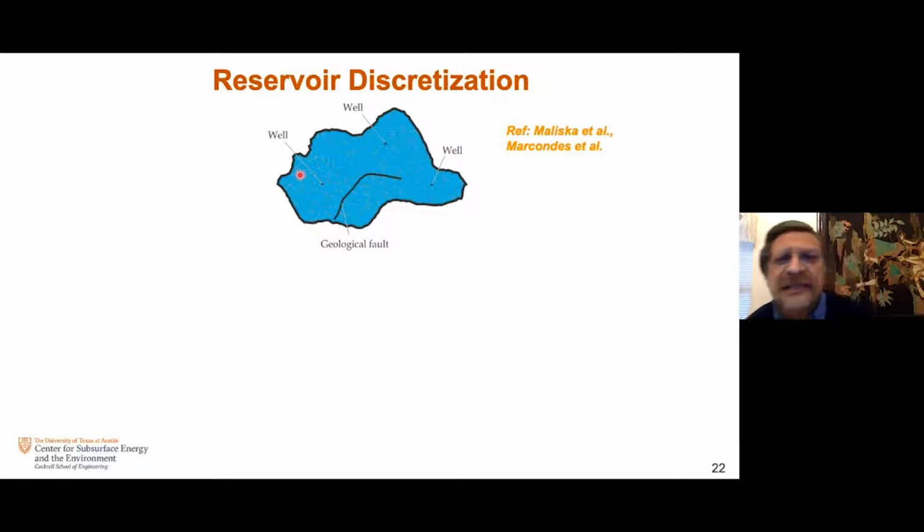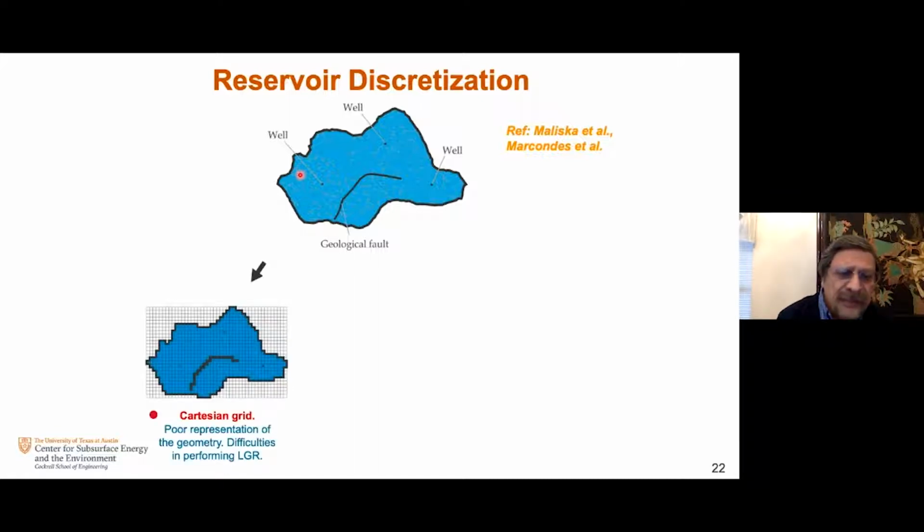So as you can see there, for a given reservoir in here, the boundaries of the reservoir are very irregular, and then you have faults that you have to model accordingly. So the Cartesian grid that is used cannot really do a nice job because, as you can see there, you have a jagged representation of the boundaries as well as the geological fault or any other irregularity that you have to handle.